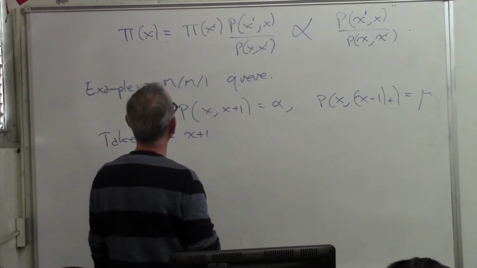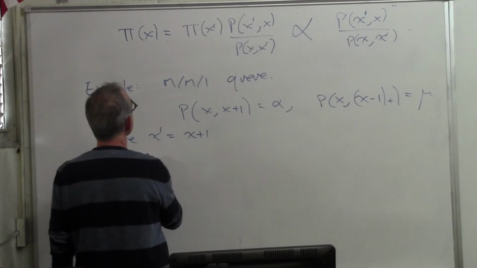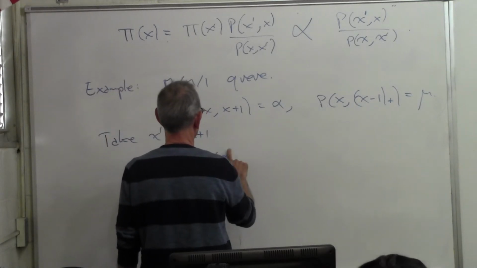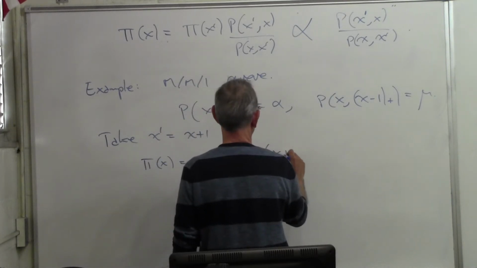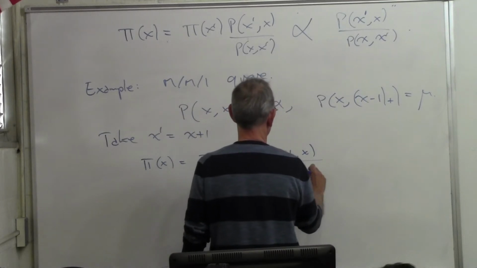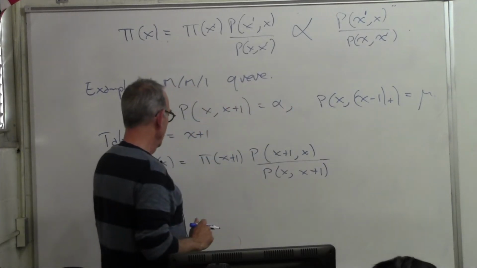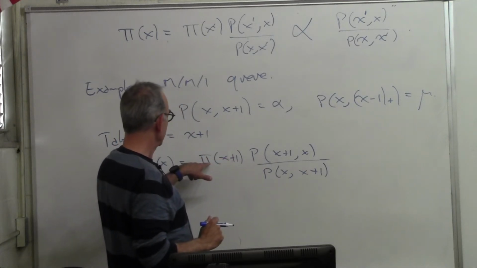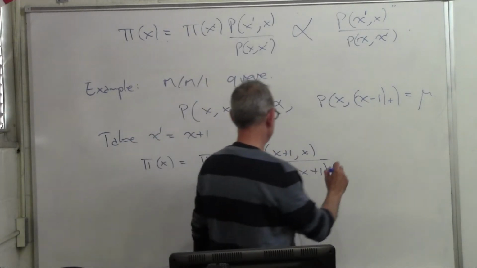So the probability of going from x plus 1 to x, that's the probability going down, that's mu.